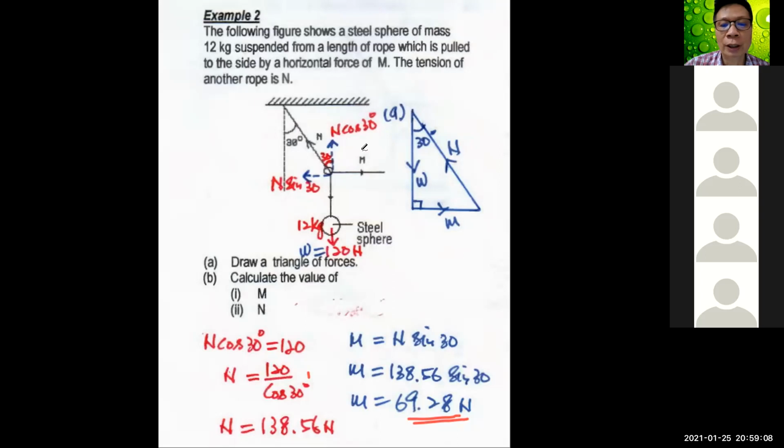Okay, finish. All right, now finished already. I want you all to answer the objective questions. Start answering the objective questions now, from question 1, 2, 3, 4.